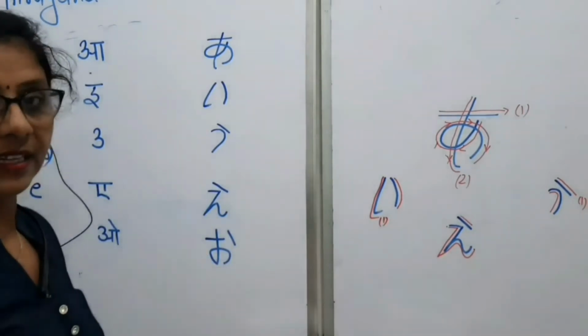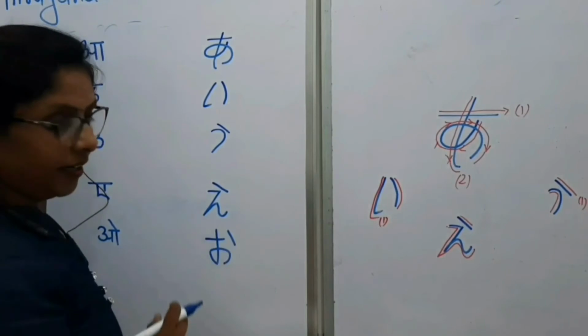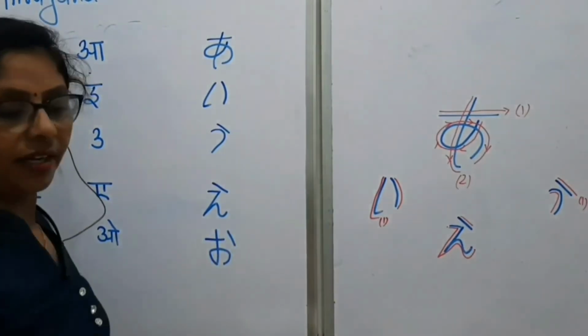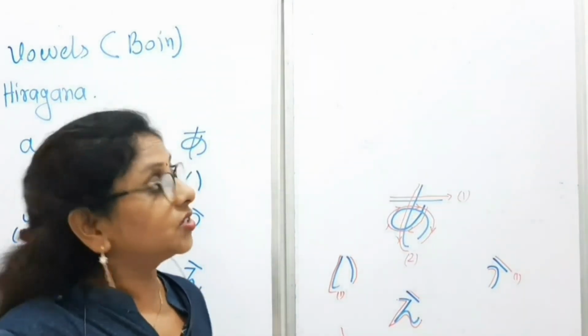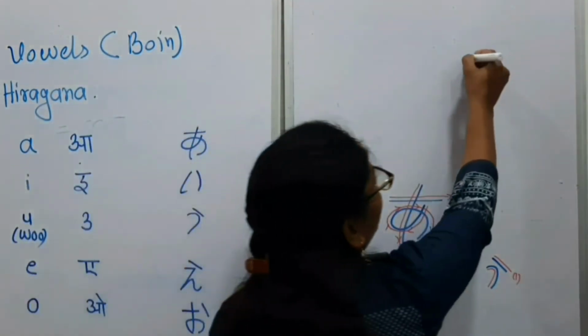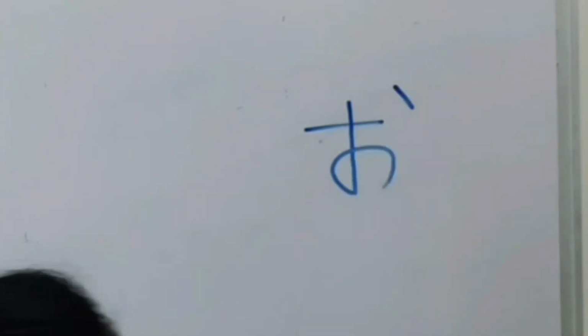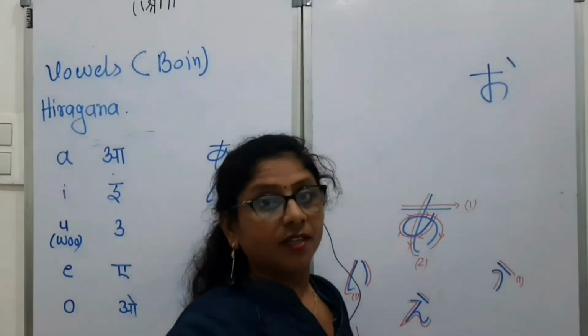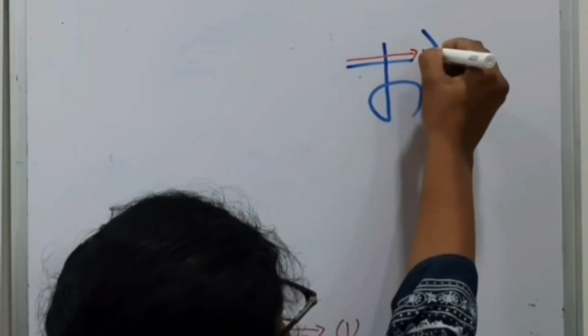Here we have to write the slanting short line last. If you want to know the stroke order, first a small line, then a shape a little bit similar to how we write M in Devanagari, and then this small slanting line. This is the first stroke.